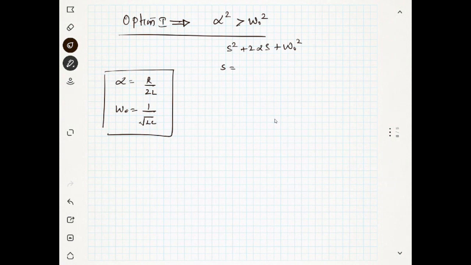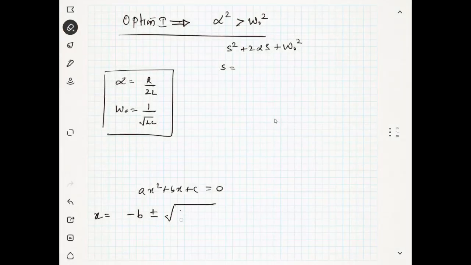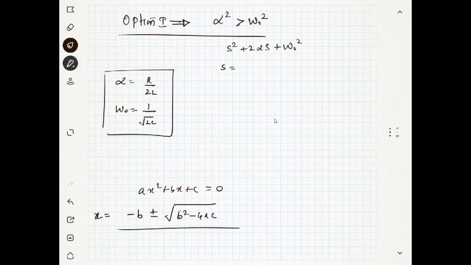You know this thing: ax square plus bx plus c is equal to 0 means what is the root of this equation? x is equal to minus b plus or minus, the general form, root of b square minus 4ac by 2a. I think you know all these things.